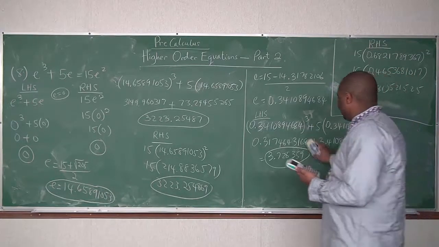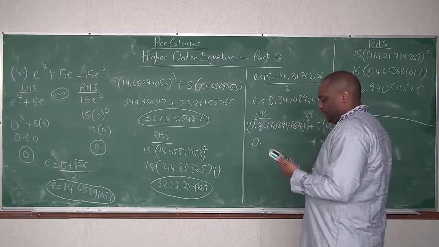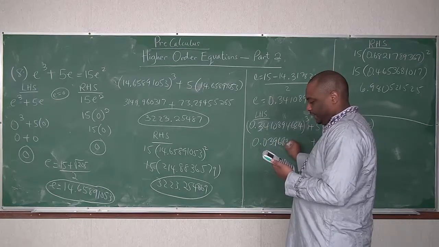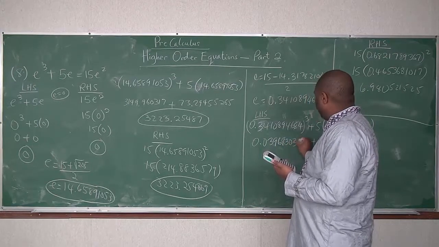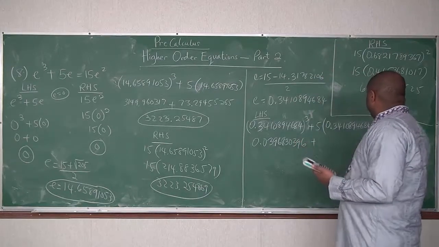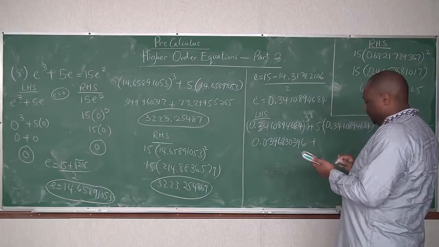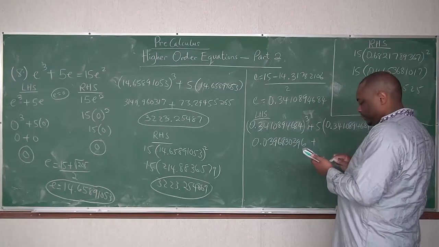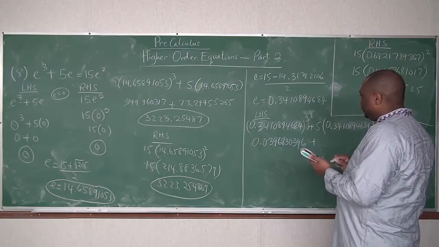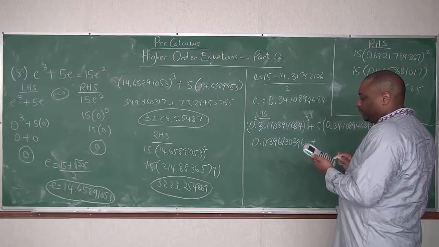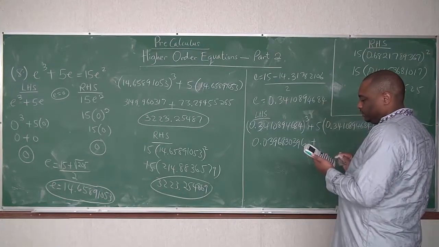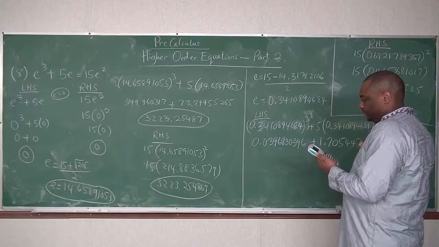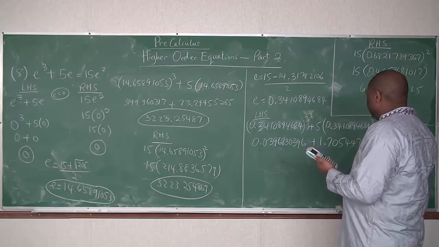So this is 0.0396830396 plus 5 times 0.3410894684, which is 1.705447342.